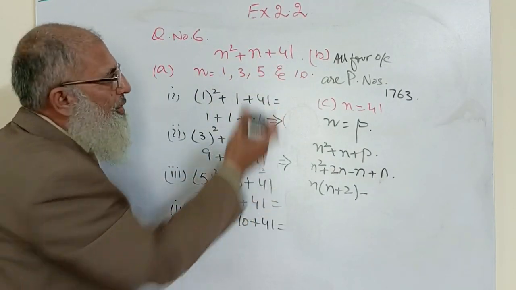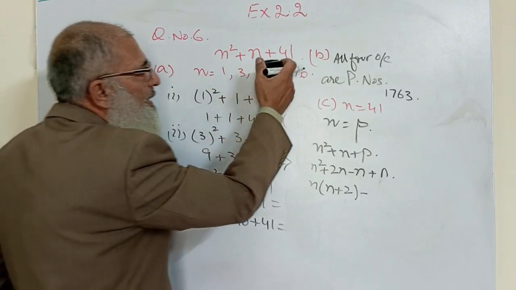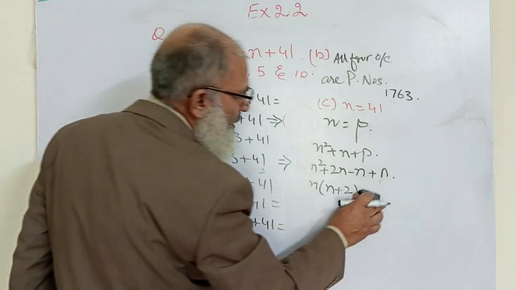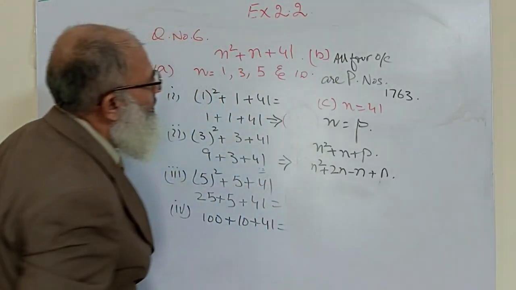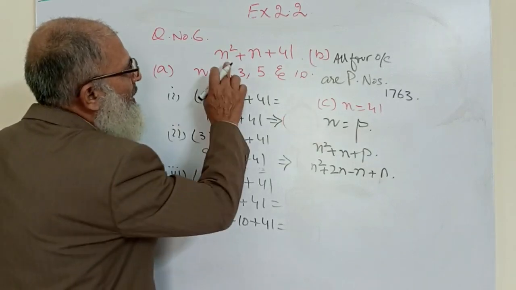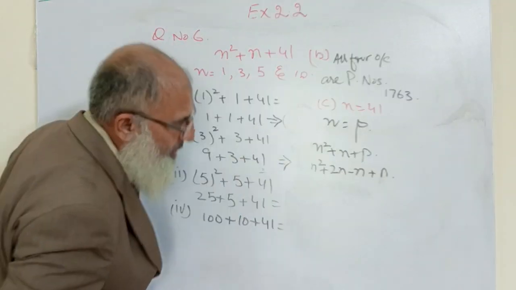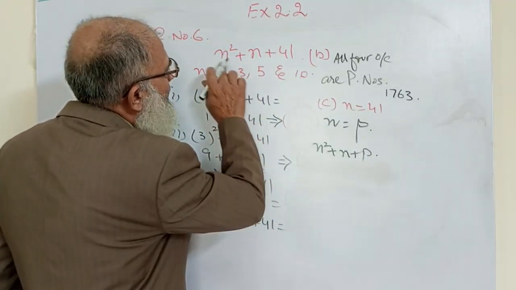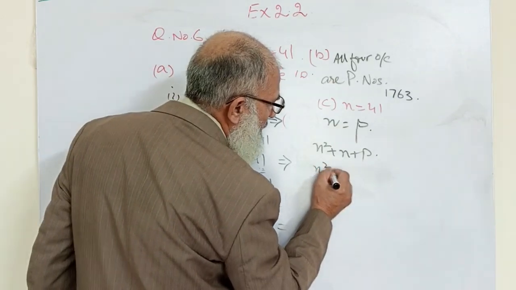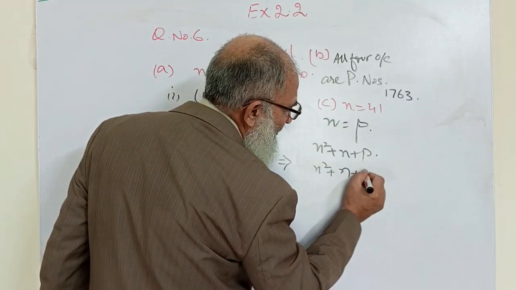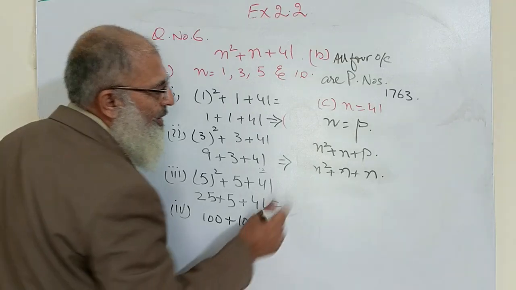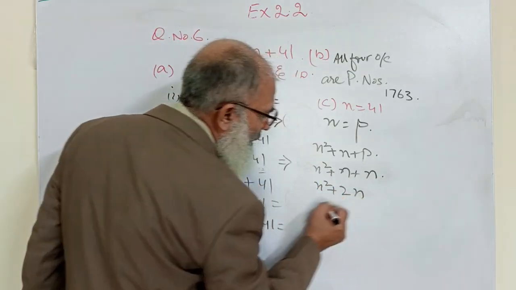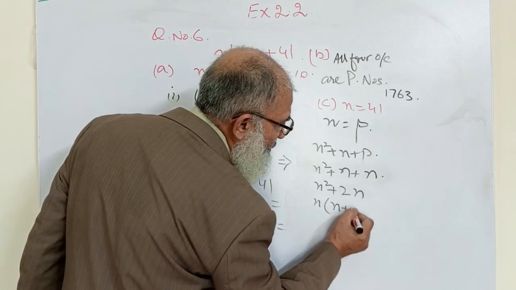So I can remove 41 and I can manipulate n over here also. And if I put n over here, this expression will become now like this. The same expression will be n square plus n, which is n square plus n, or n times n plus 1.